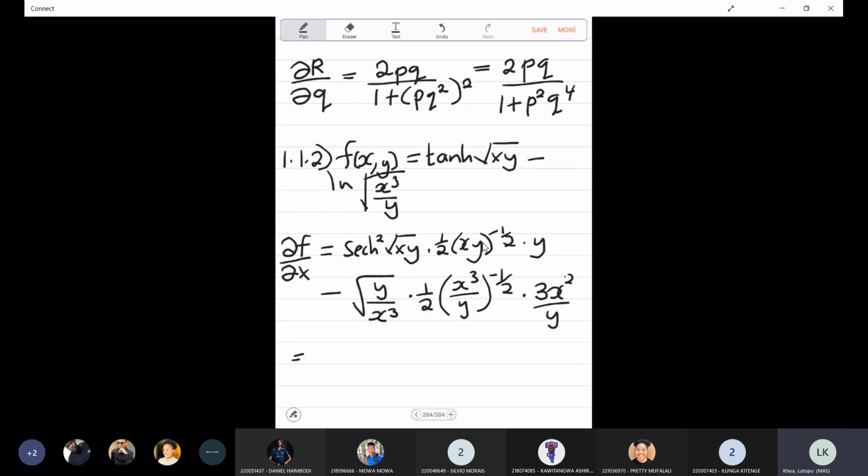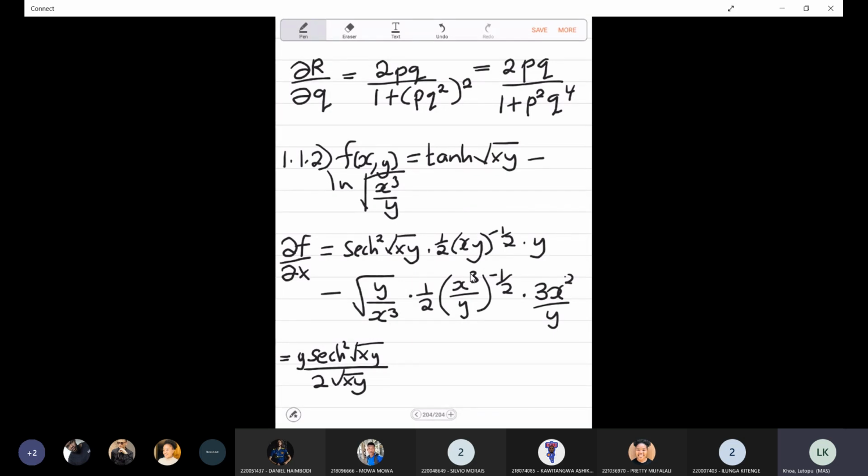So our derivative is sech squared square root of xy times y, then in the denominator we have 2 square root of xy.